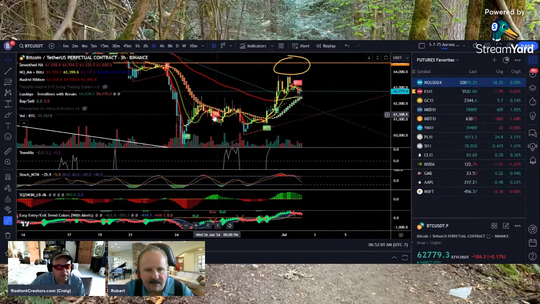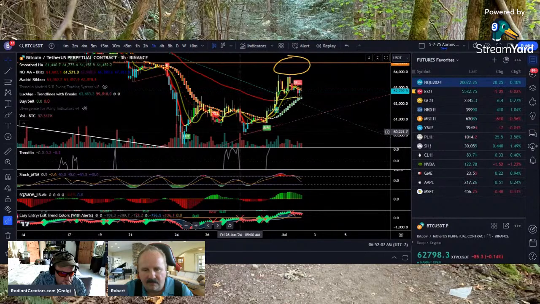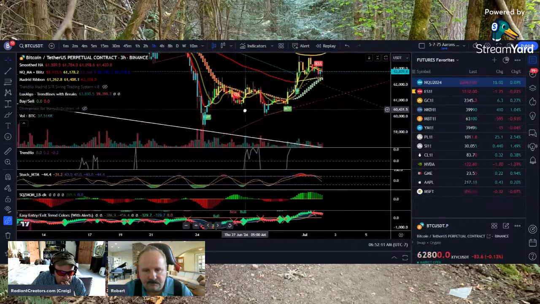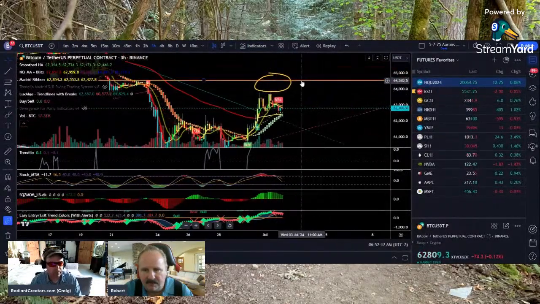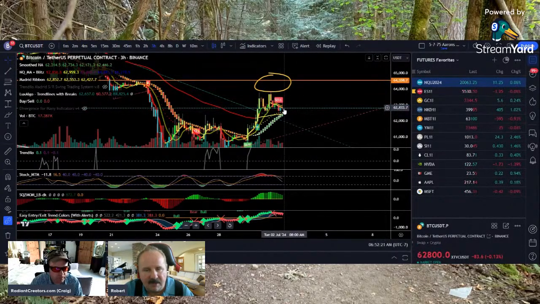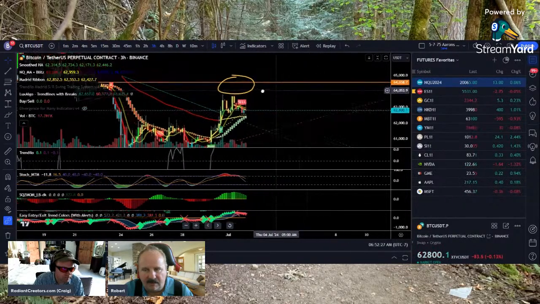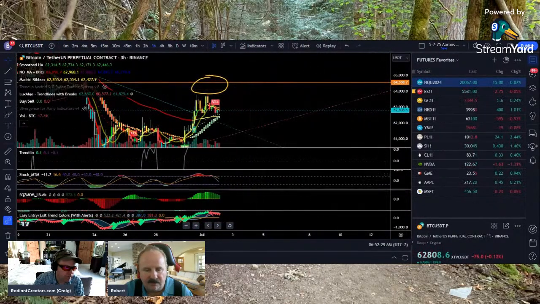And then it's a sell in here, which wasn't really a good place to sell, but it doesn't know that it's not going to make a lower low. It's going to make a higher low and then just go up. I was expecting Bitcoin to go up to this resistance area at about 64.5, but it's not quite ready yet. I think it is going to come up and push that area pretty soon.